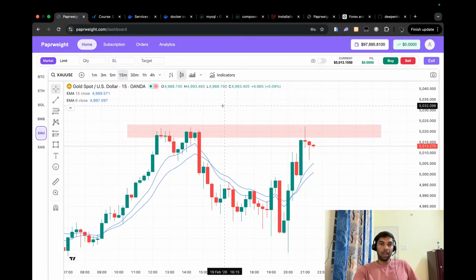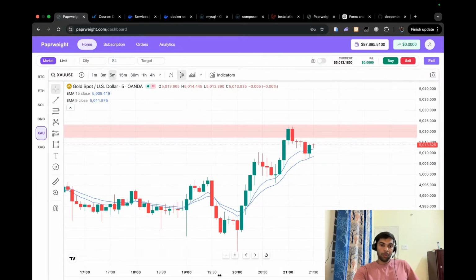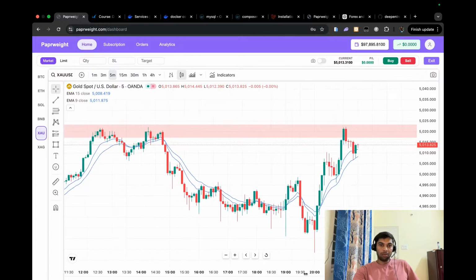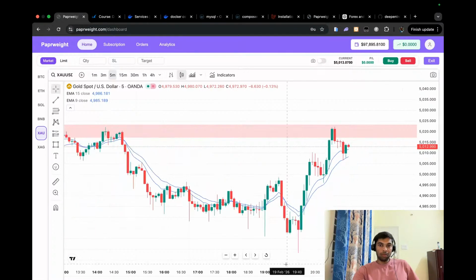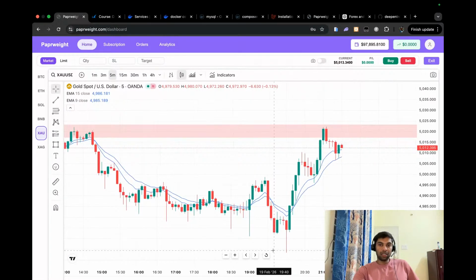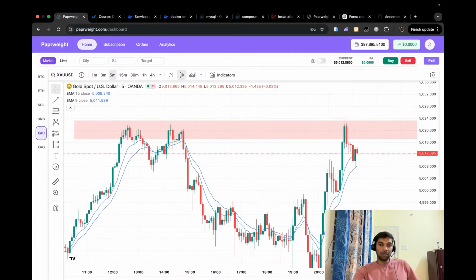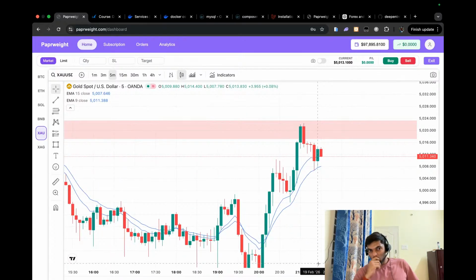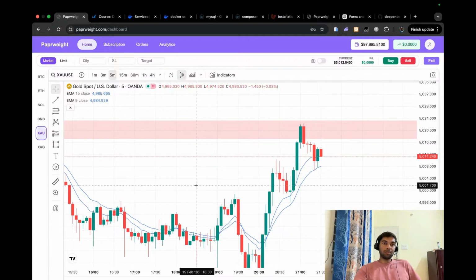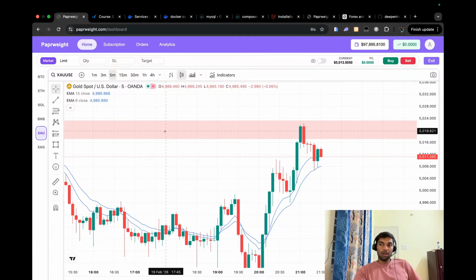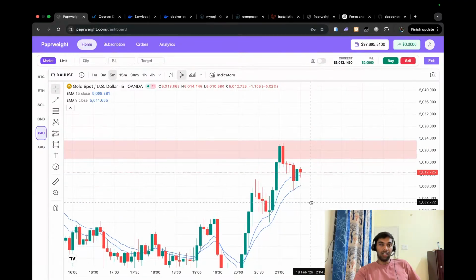So this is the overall analysis of gold. Right now, the market is at exactly the level from where the selling starts. Selling happened last time. As soon as it breaks the selling zone, we are interested in the buying side.